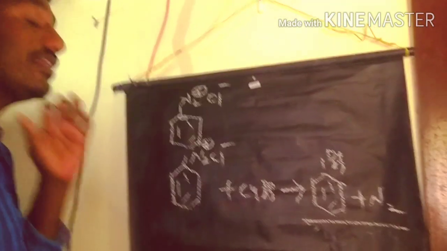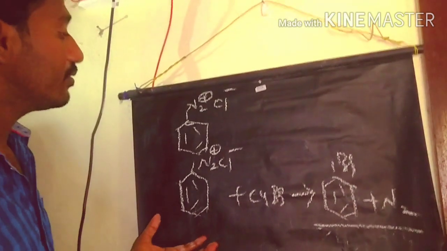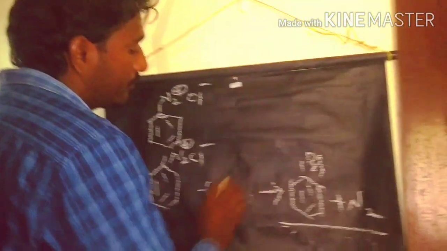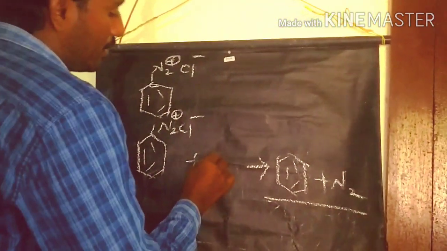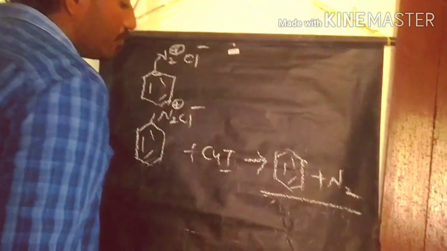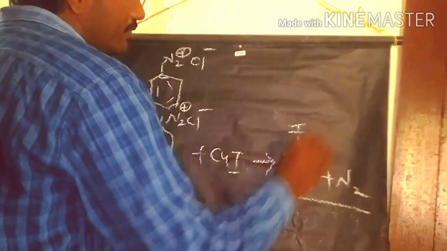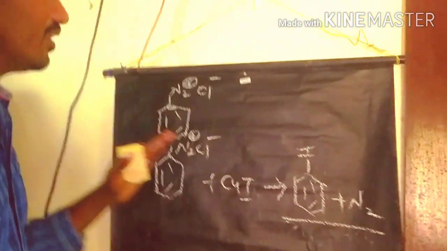To prepare iodobenzene, in place of copper bromide we take copper iodide, which gives iodine substitution on the benzene.